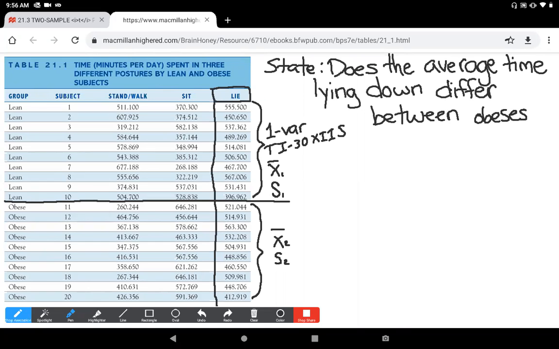Obese with one s. What do you think going in? They said yes, there was a difference in standing and walking. I don't remember if they told us about sitting.